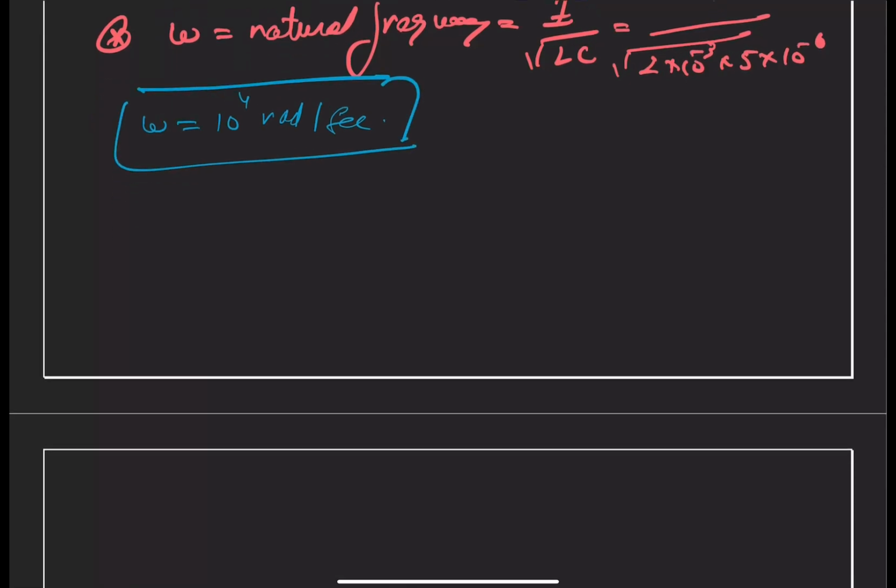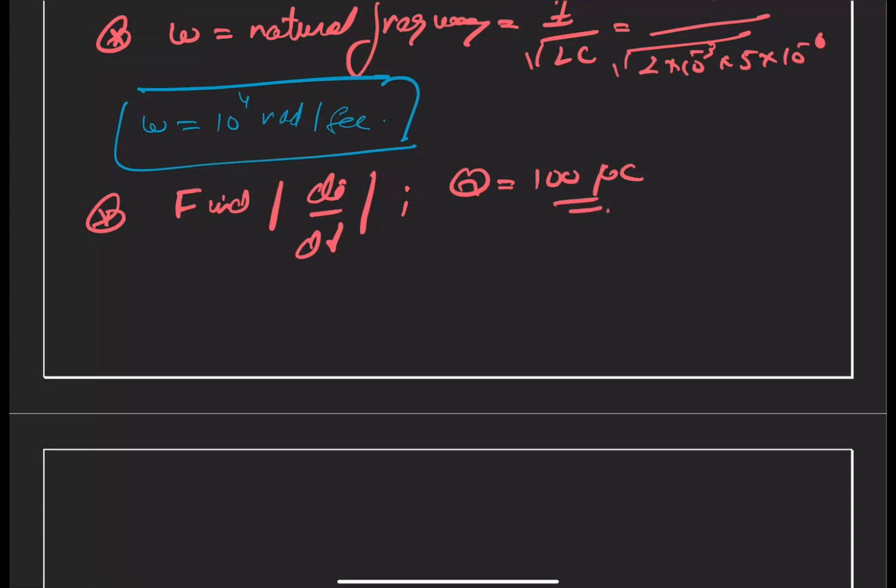So we start with part A. In part A, we are supposed to find di upon dt, only magnitude, when the charge is 100 microcoulomb. We can use KVL in this LC circuit.